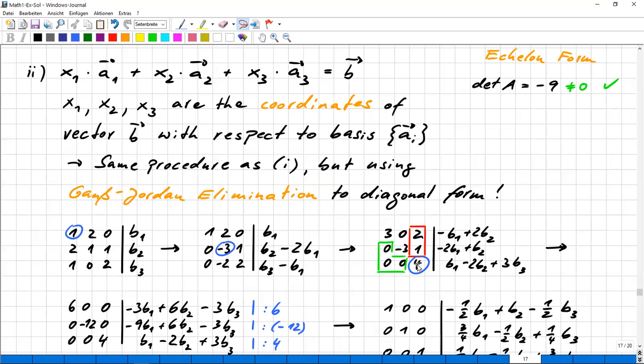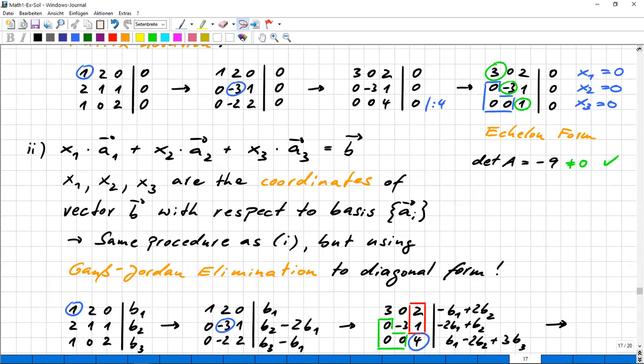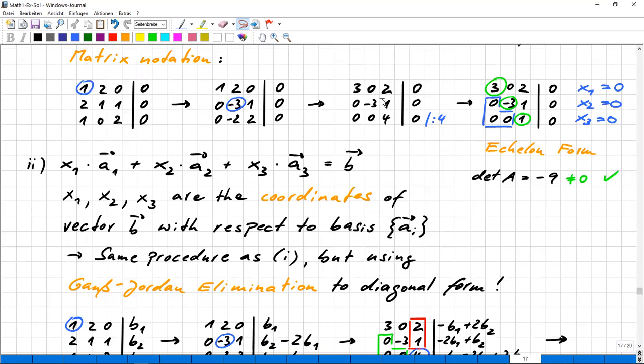Anyway, we can proceed to the last position here. For good reasons, I did not divide by 4. Only very, very late in the process, as a last step, I would do this. Instead, now to eliminate here. So now we're done so far up to here. But now I do not do this.